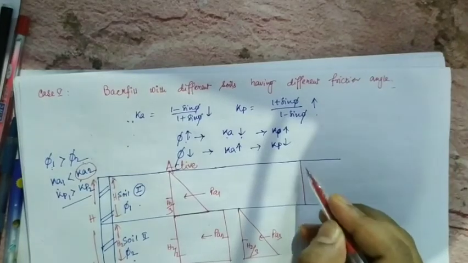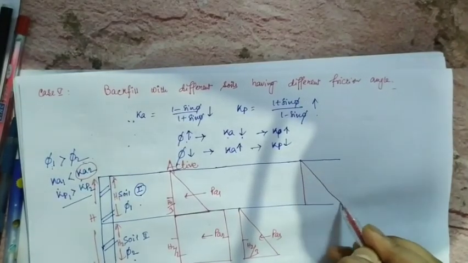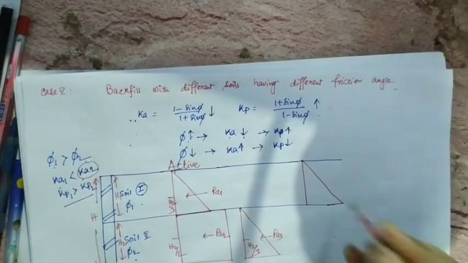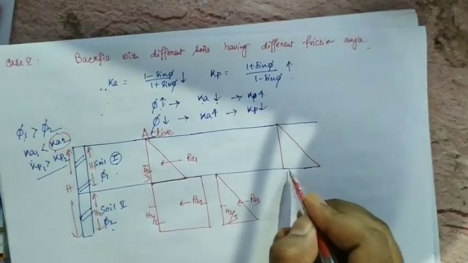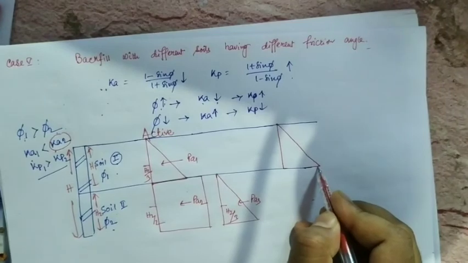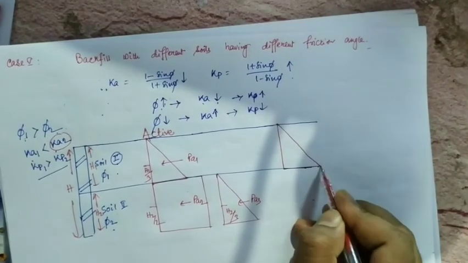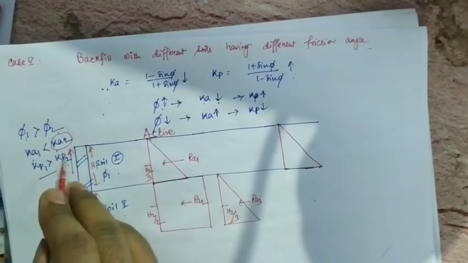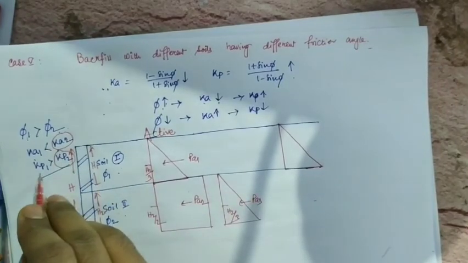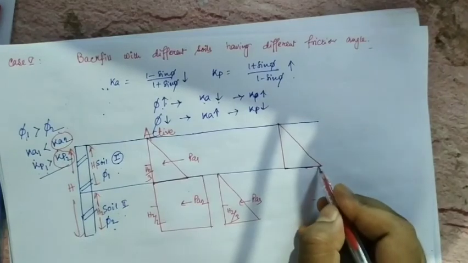The pressure diagram will be triangular up to zone 1. So this much pressure will behave like a surcharge when it goes through the zone of soil 2, but because Kp2 is less than Kp1, the surcharge will be smaller.